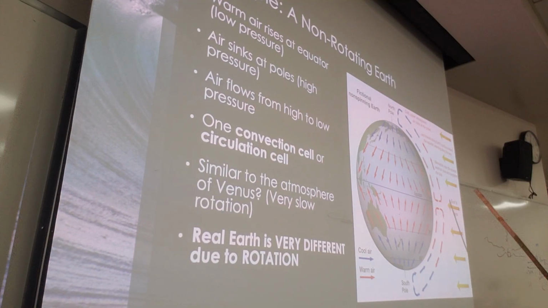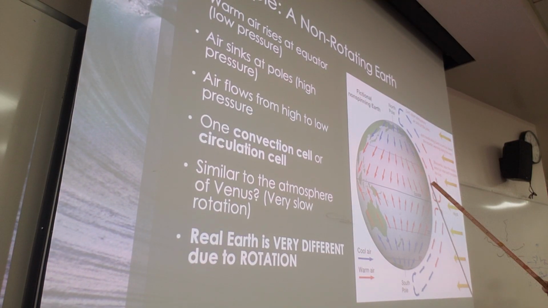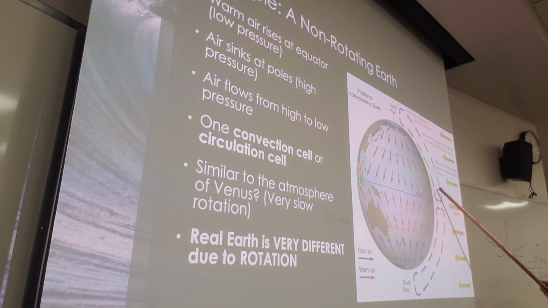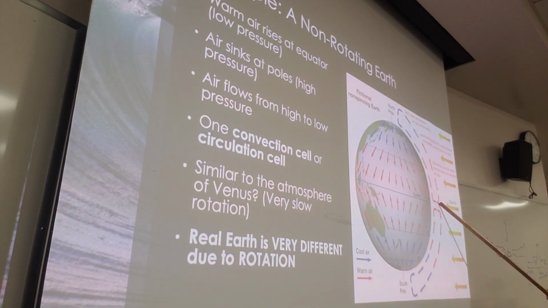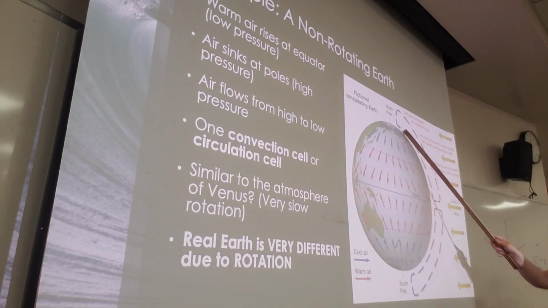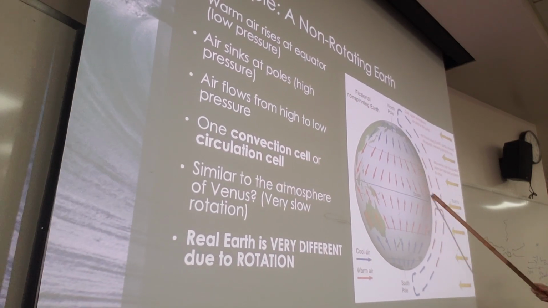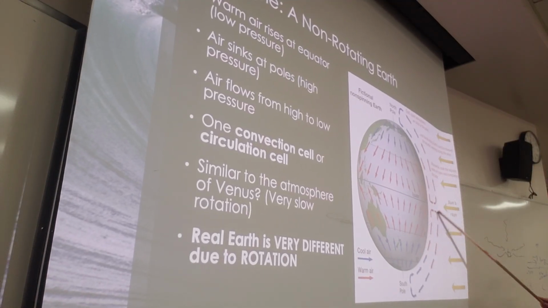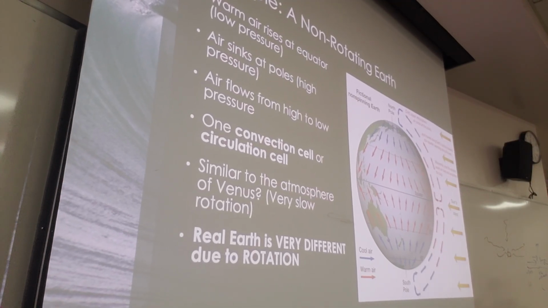And so if the Earth was not rotating, which it is, so this is not an accurate model, it's just a conceptual model, we would have an equator to pole convection cell with rising at the equator, sinking at the pole, and a planetary scale circulation that moves heat from where it's warm to where it's cold.